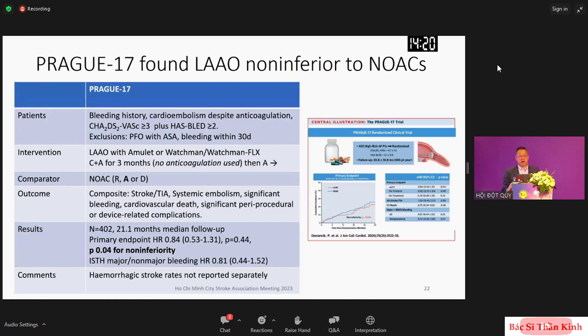And in the Prague 17 study, the left atrial appendage device was compared with one of the NOACs, although most of the patients in the study received apixaban. And they did show that left atrial appendage occlusion was non-inferior to the NOAC usage.